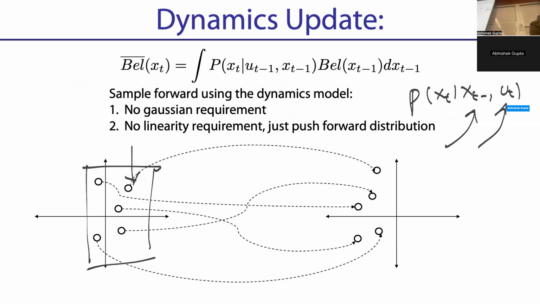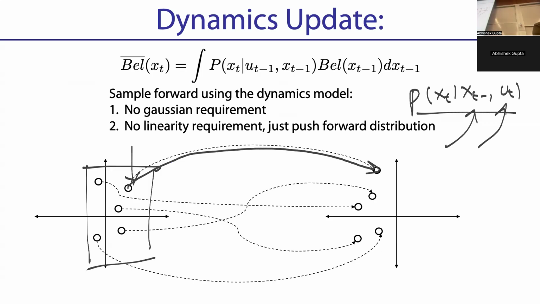This dynamics model will give you a new state. You literally take every single state in your list and put it into your dynamics model, and it'll give you a new state. Your list is just pushed forward through the dynamics model. There's nothing else to it.